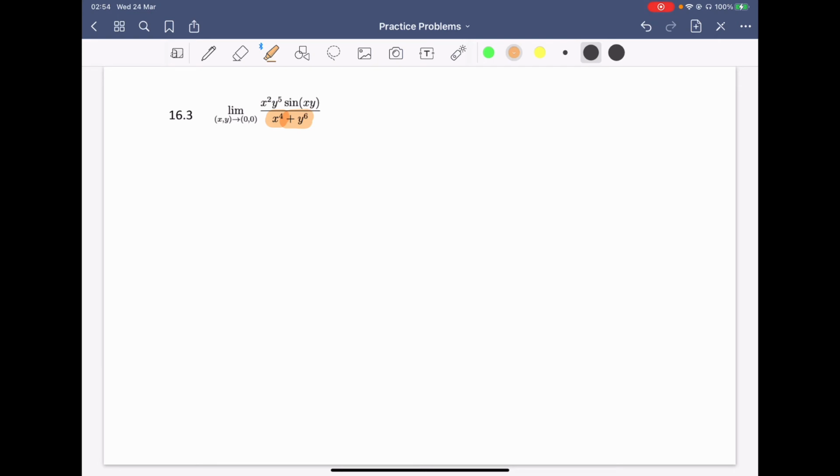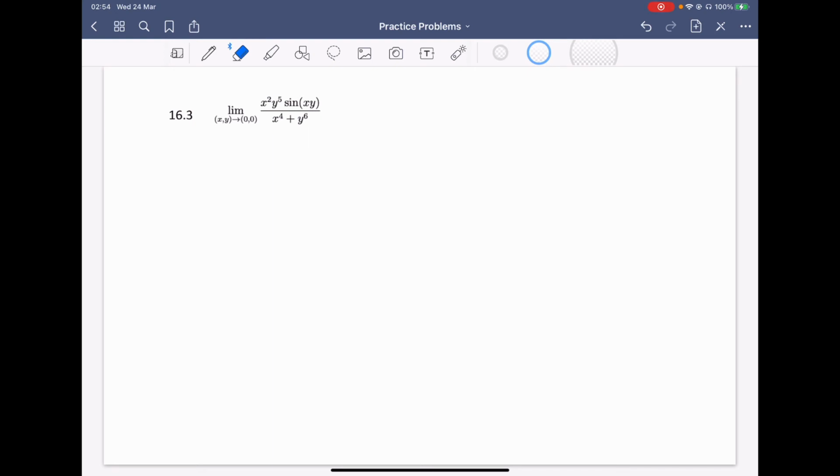So you have to pick your method carefully. First of all, if I try to plug in 0, 0 again, you get 0 over 0. And you do not want to do factoring or conjugation, because you have the square root of x, y here. It will not be easy for sure if you try factoring or conjugation.